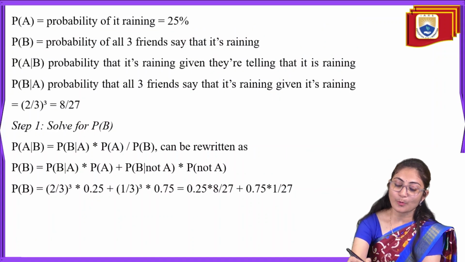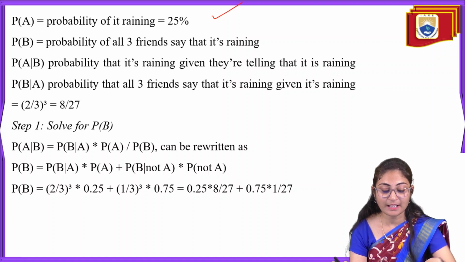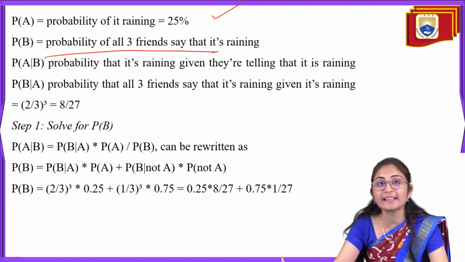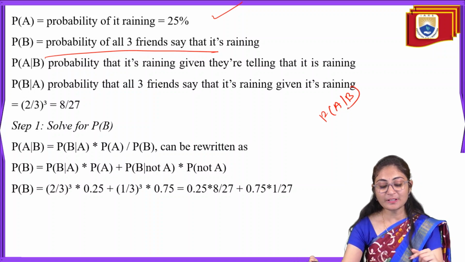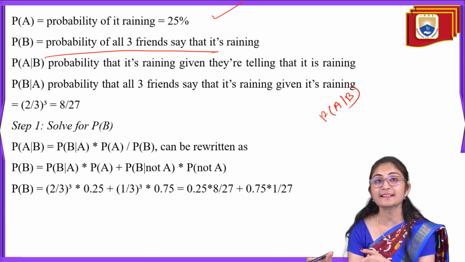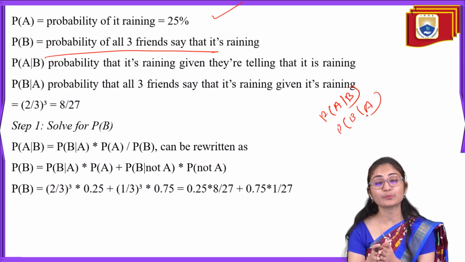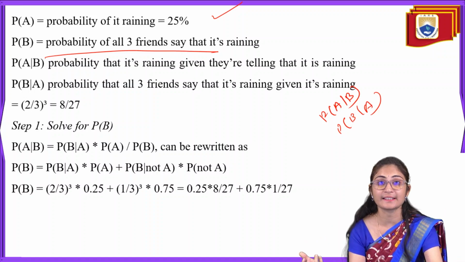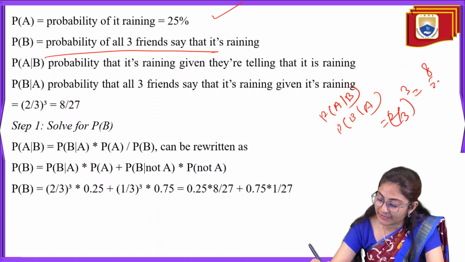So the probability of raining is 25%. Now B is that all 3 friends say that it's raining. Then P(A given B) is the probability that it's raining given that they are telling us that it is raining. P(B given A) is the probability that all three friends say that it's raining given it's raining. So that means (2/3) cubed is equal to 8/27.